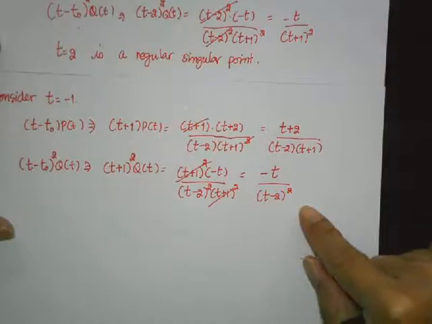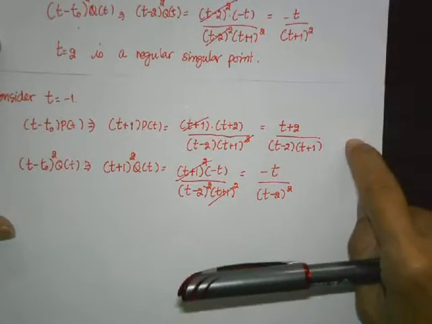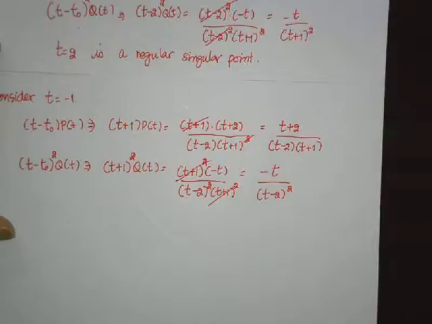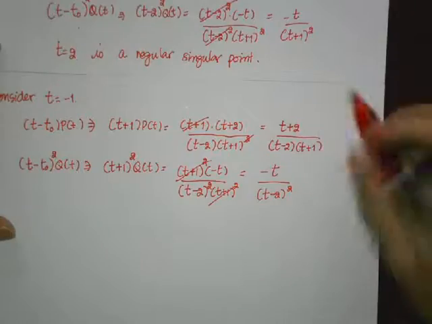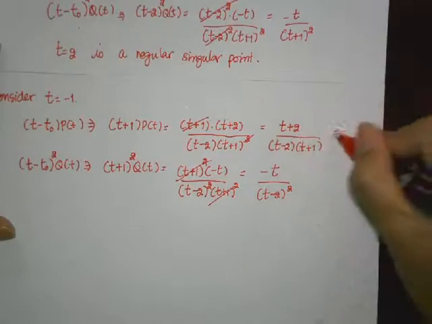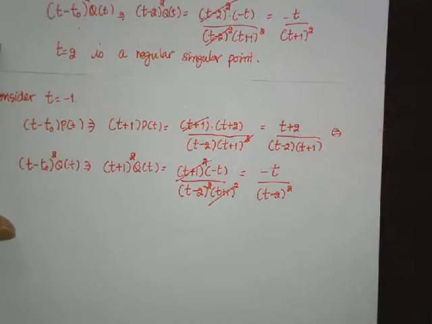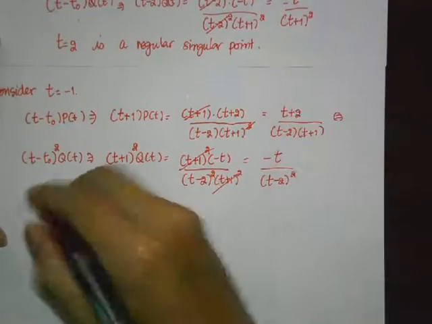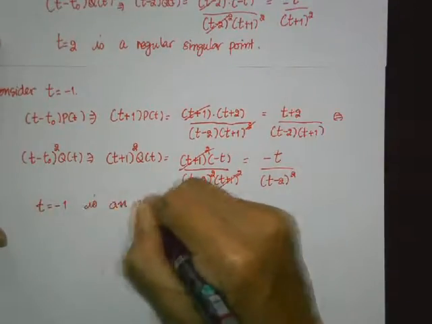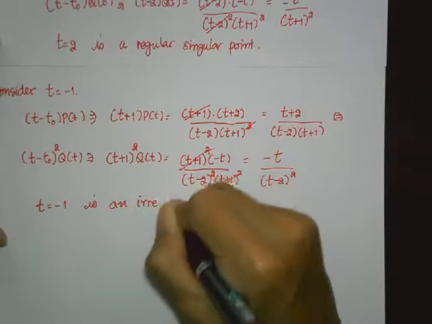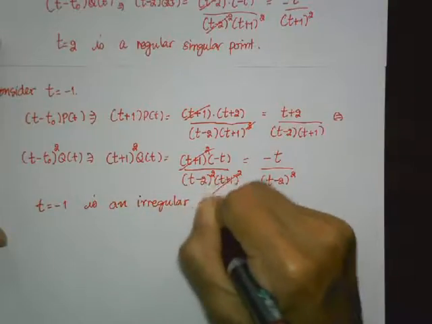But for the first function, the criterion says it has to be analytic for both functions. We use and, not or. So in this case, since the first criterion is not true, we can conclude that t equal to minus 1 is an irregular singular point.